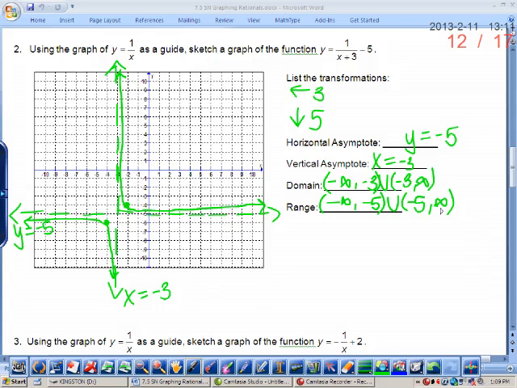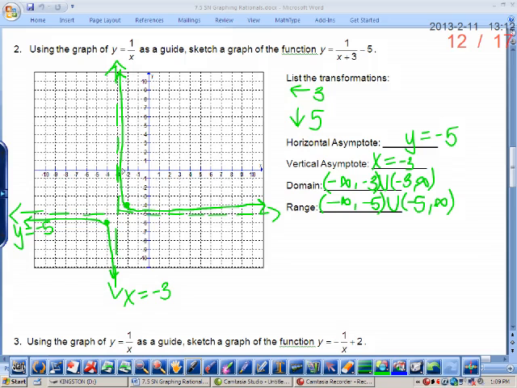Okay, now look at your graph that you just drew. Does this graph have an x-intercept? Yes. What is an x-intercept? Yeah, a root, a solution, where you cross the x-axis. Does this curve cross the x-axis? Yes.